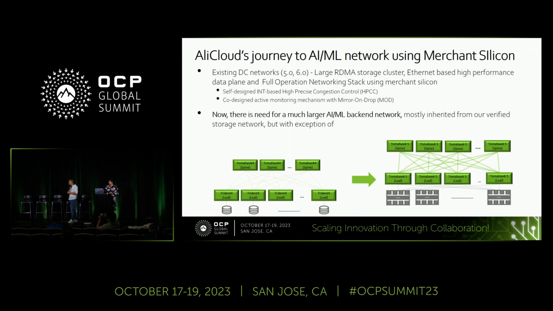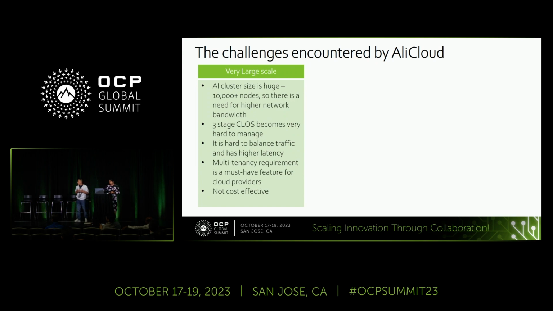Now, upgrading to the 400 gig HP network, new challenges have arisen that require large scale and high performance on stressful traffic patterns. It's also more sensitive to network failures. I will talk about the details on the next slide. Yeah, very large scale, right?